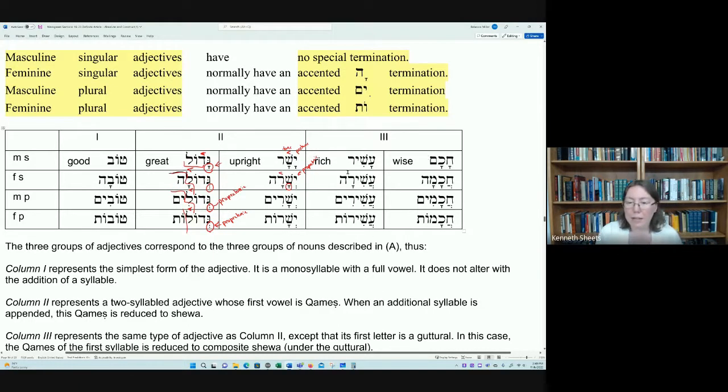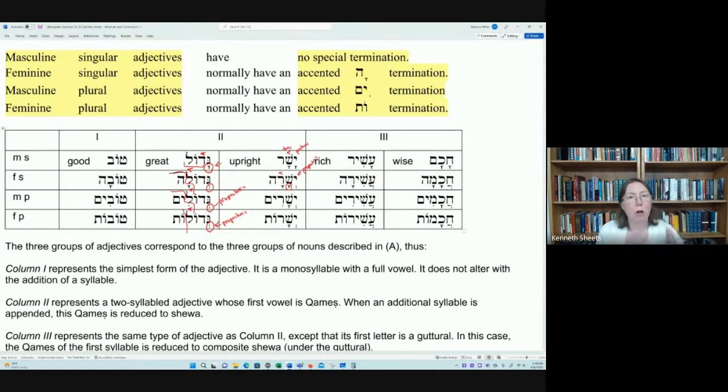Now, over here, where we are dealing with a guttural in the initial, in the first root position, remember that gutturals cannot take a simple vocal schwa. They can only take a composite schwa. So thus, when the kamets in the propretonic position reduces, it's not going to reduce to a simple vocal schwa.